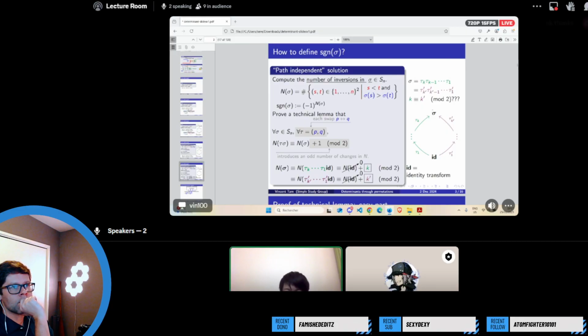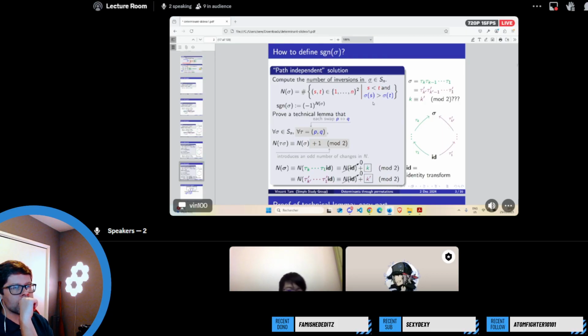So if you arrive at sigma here from the identity transform, and you find that the sign on the left pathway is negative, and on the right pathway the sign is positive, then from the definition itself, which is path independent, you'll get into a contradiction.